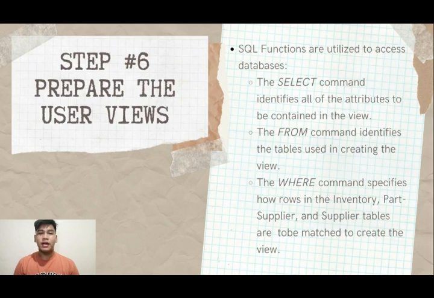This may be like the select function, the from function, and the where function. The designer simply points and clicks at the tables and attributes in the database. From the visual presentation, the database management system generates the SQL commands for the query to generate the view.